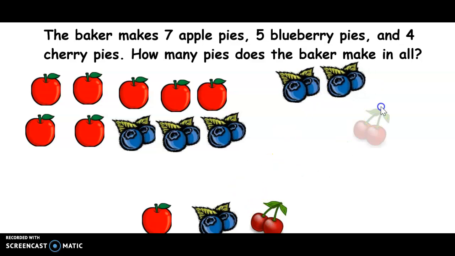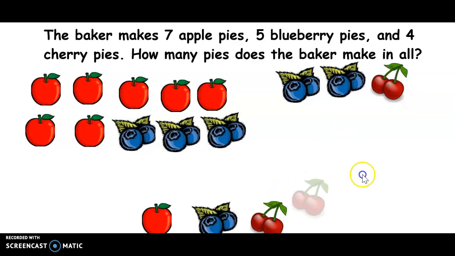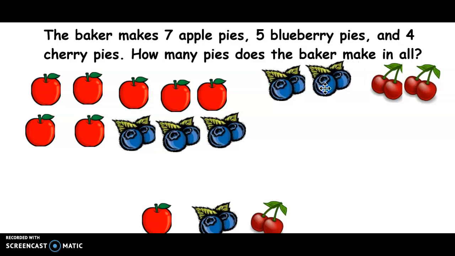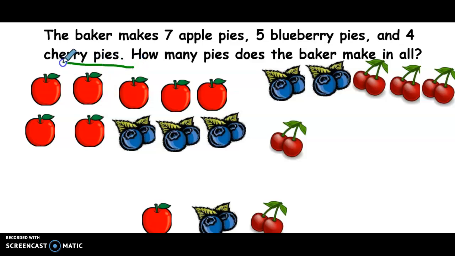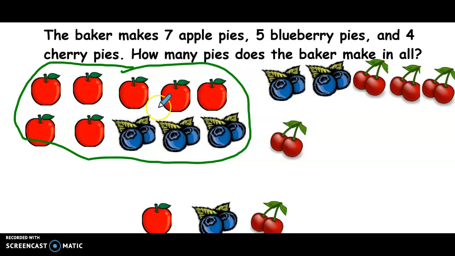And 4 cherry pies. 1, 2, oops, still not enough room, silly me. 3, and 4. Okay, if you check it out here, look at what we made. It's a 10 frame. Okay, 10, 11, 12, 13, 14, 15, 16. Okay, let's see if we're right.